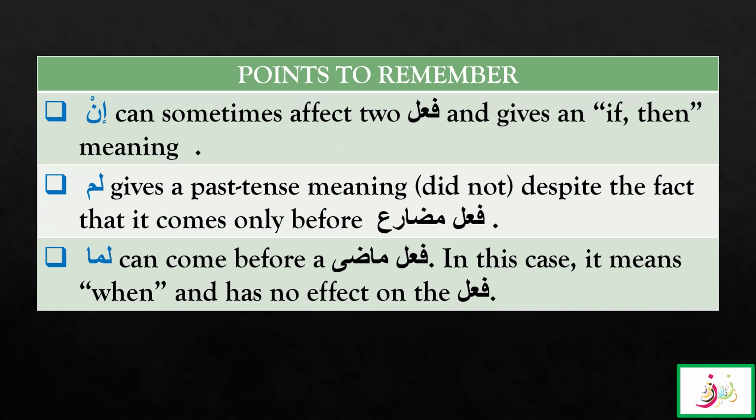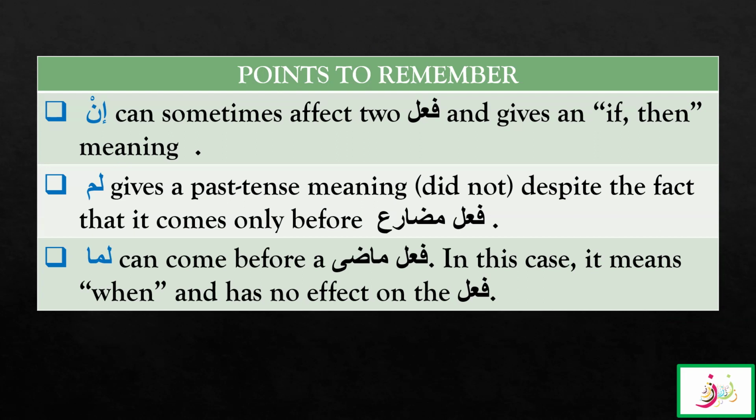So there are some rules, and there are some more rules we are going to learn inshallah, but these are three important rules you are going to remember in lam and lamma: that "in" can sometimes affect two fi'ls, and there will be a shart in which the two fi'ls will be affected. Lam gives a past tense meaning, "did not," and only comes with the fi'l mudari.